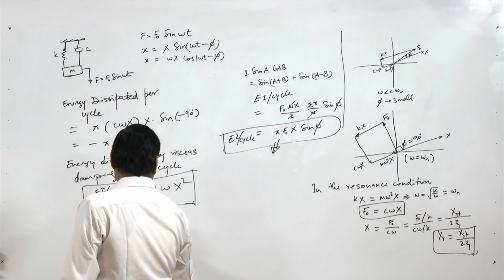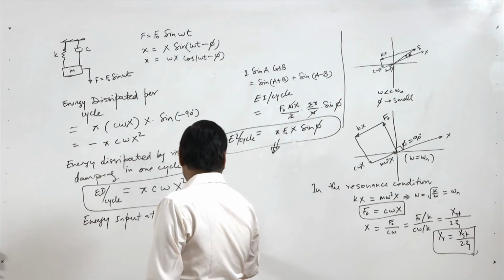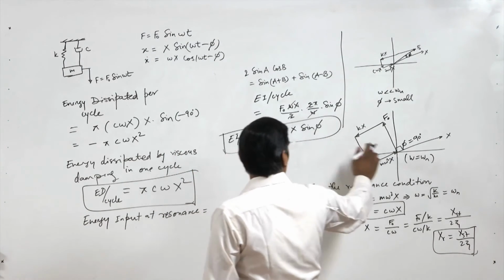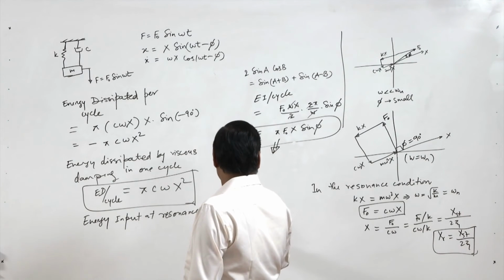at resonance equal to, if we put phi equal to 90, it will be pi f0 x.